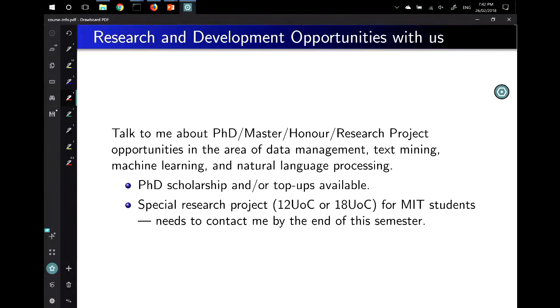If you are in the MIT stream, you can take a 12 unit or 18 unit credit course. But I normally do not open up these projects because one semester is really too short. If you are really interested, try to do well in this course and contact me by the end of this semester so that we can have a chat and fix a preliminary topic, and you really need to start reading papers.